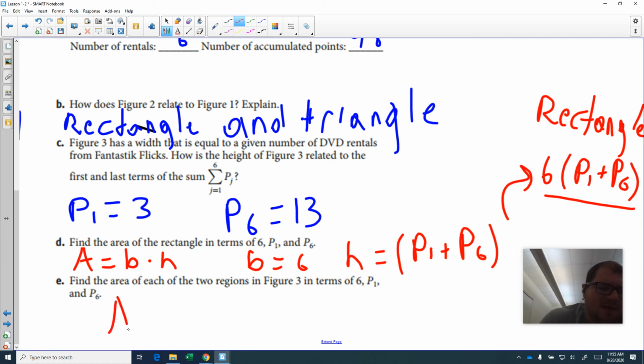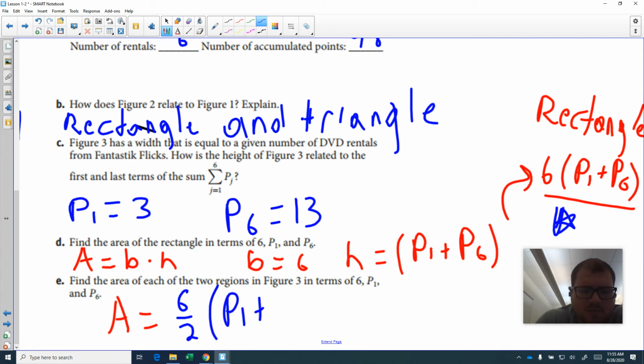So to find the area, all I have to do is take the original equation, the area of a rectangle, and to turn that into a triangle, I just take 1/2, so 6 divided by 2, times P of 1 plus P of 6. And I've developed that area to find that portion.